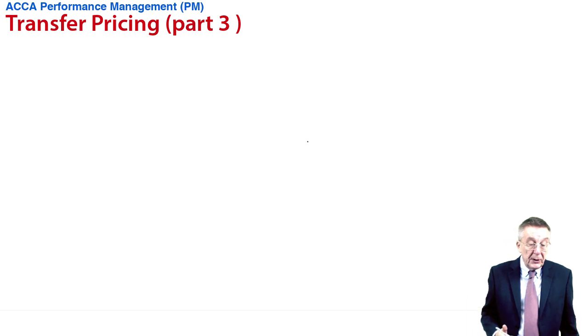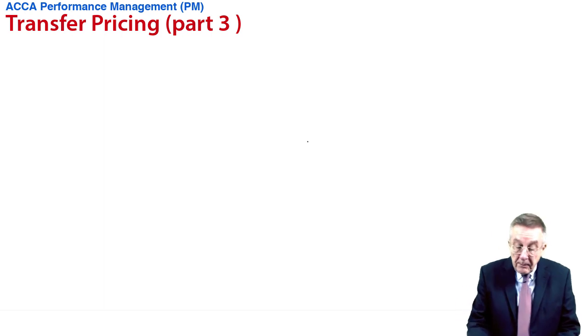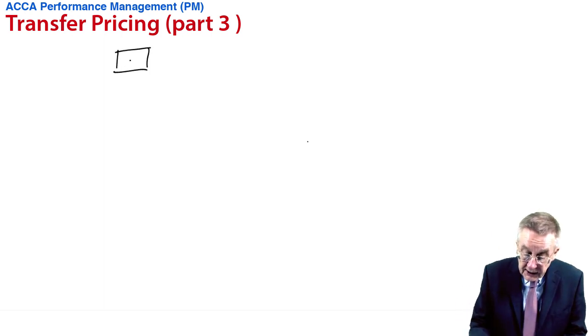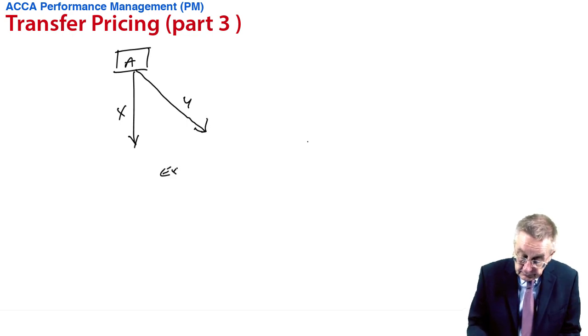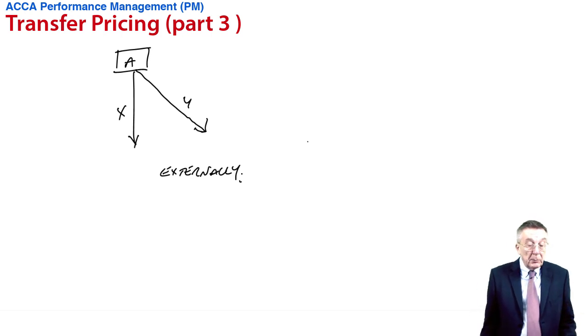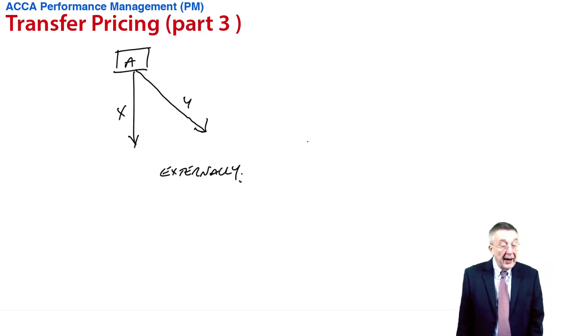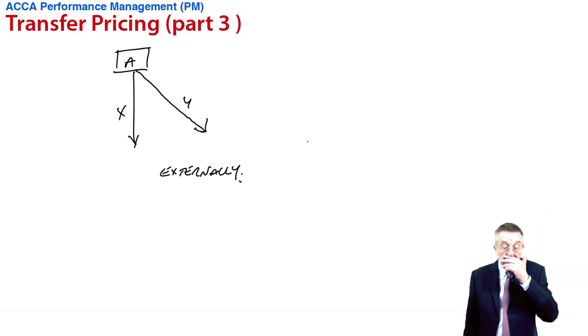A is capable of making two products, X and Y, and both products can be sold externally. So they can either sell product X externally, or they can sell product Y externally. There's information there about the external selling price and the variable cost of production. A has limited labour available, and you've got the hours there. There's unlimited external demand for both the products.